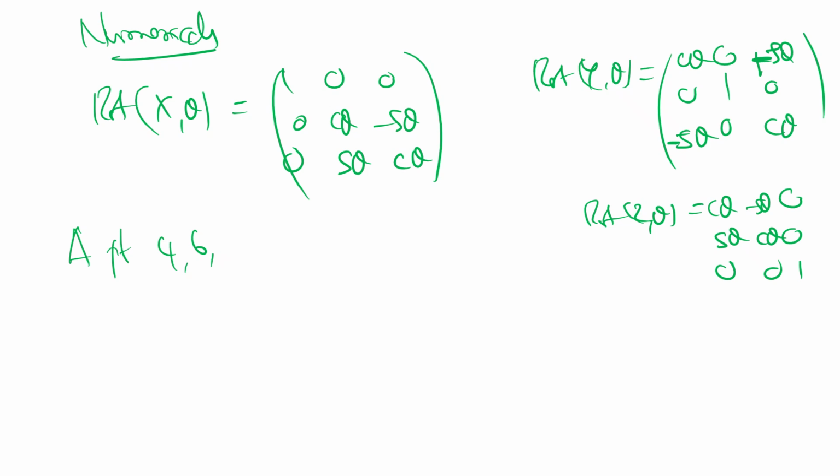Okay, so let's take one example. A point P equals [4, 6, 3] transpose, the point vector, is attached to a rotating frame.